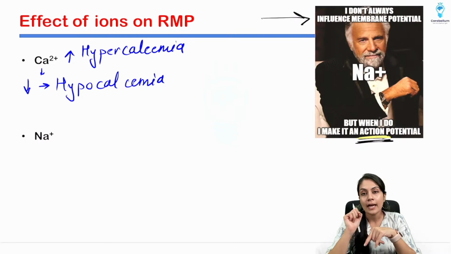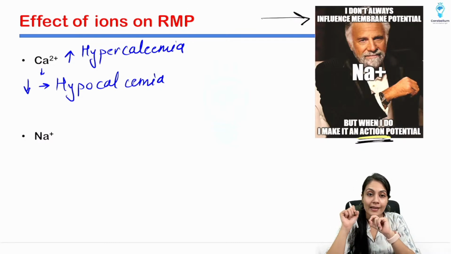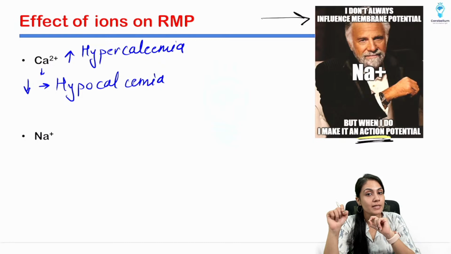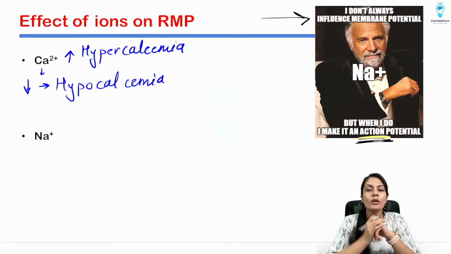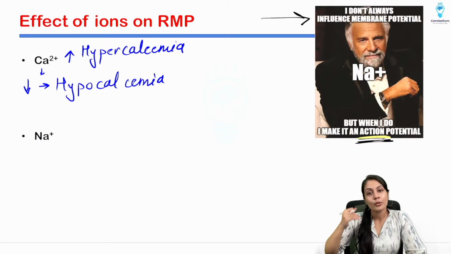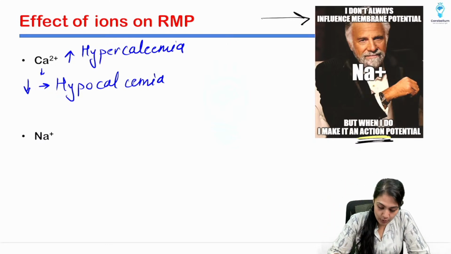Okay. With that, we'll move forward. In hypercalcemia, calcium is acting as guards, so it won't allow more of the cations to come inside. That means what is going to happen? If the guard is not allowing the positively charged ions to come inside, it is going to cause the RMP to go more negative.